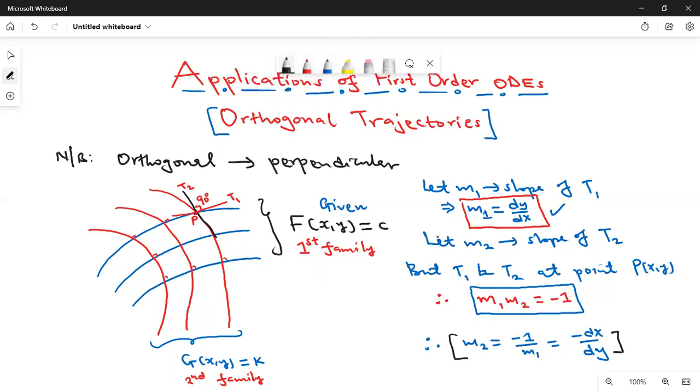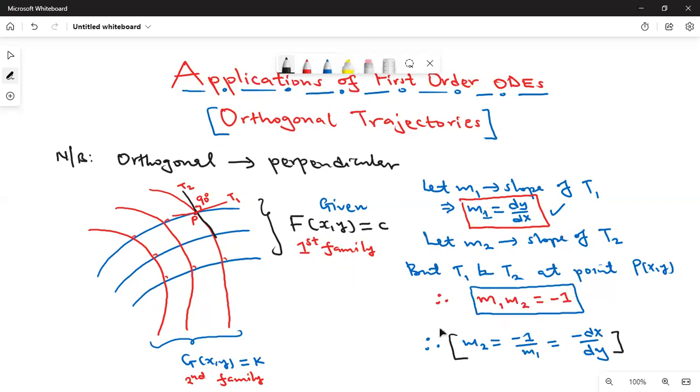Now, look at the first family of curves. A function of x, y is equals to a constant c. We can find the ODE corresponding to the first family of curves.